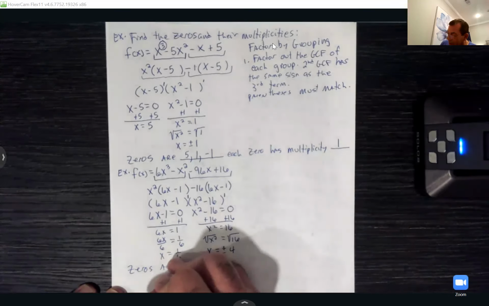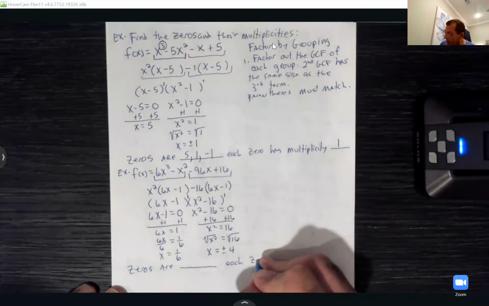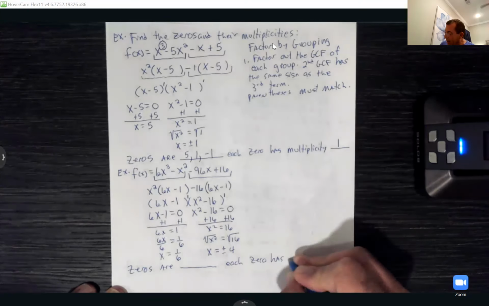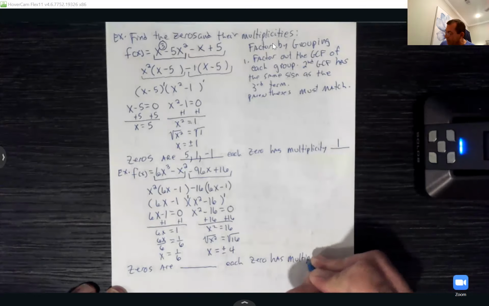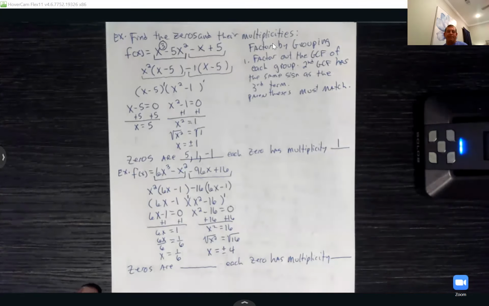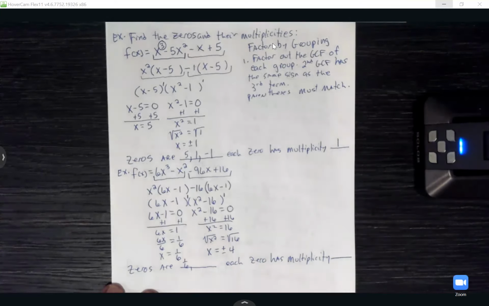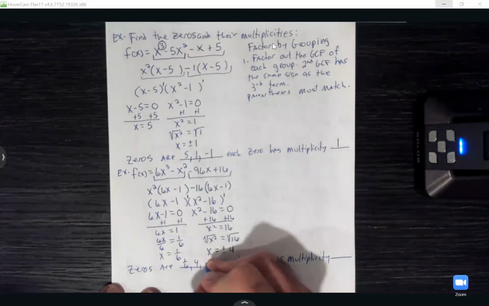So y'all, we will do the same thing up here. Zeros are blank. Each 0 has multiplicity of blank. So what's my zeros? 1/6 and +4 and -4.